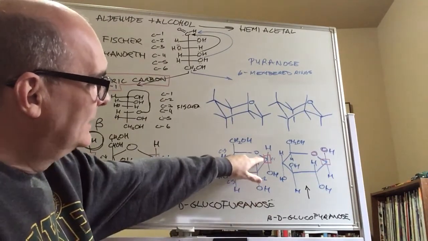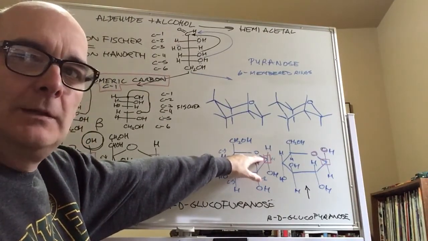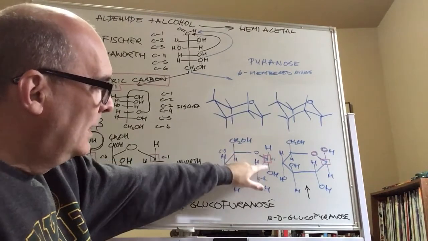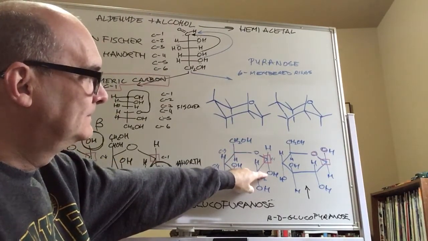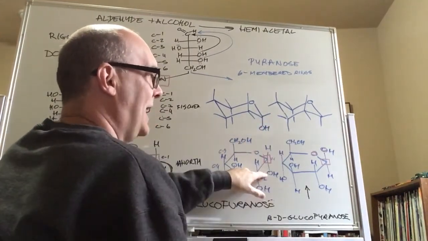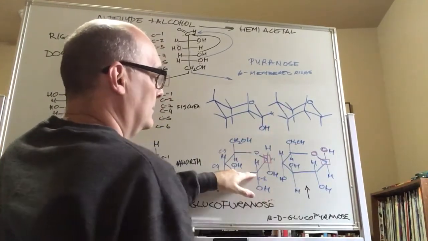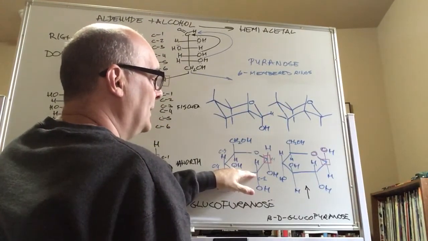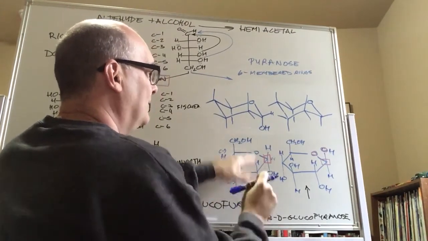Okay. Starting at carbon number 1, the molecule that's on the left, the alcohol group is pointing down. Down at carbon number 1 is an axial position. Moving to carbon number 2, the alcohol is pointing down.